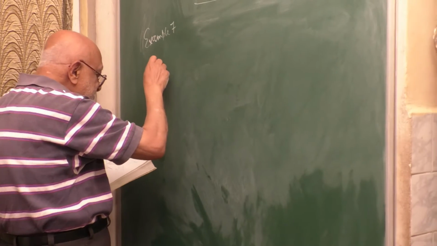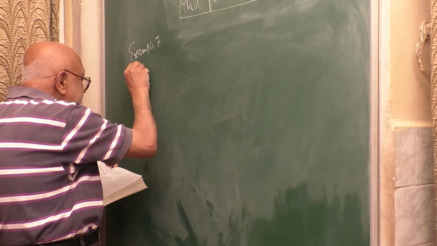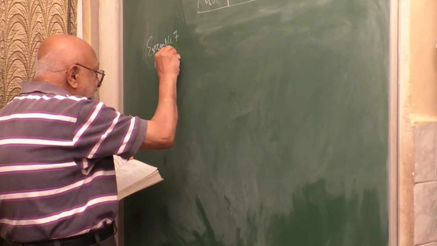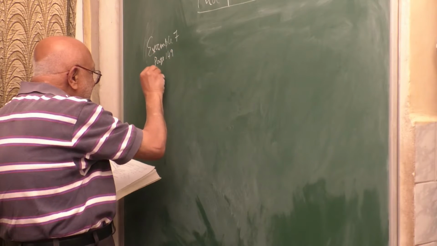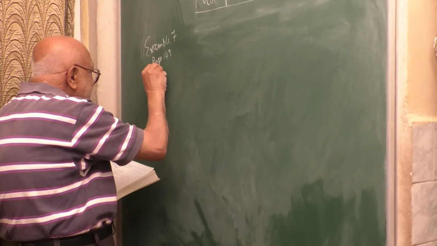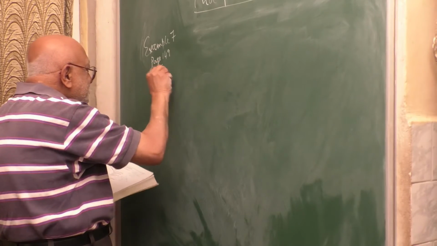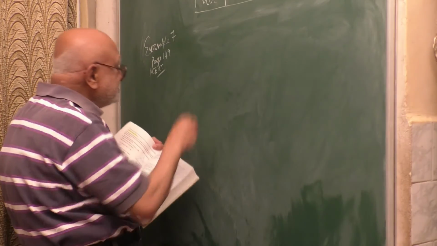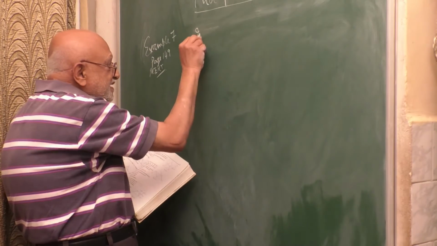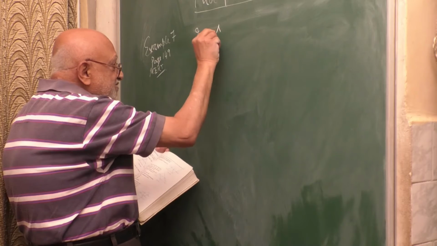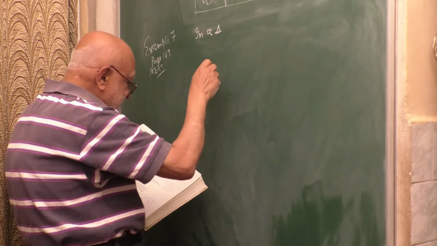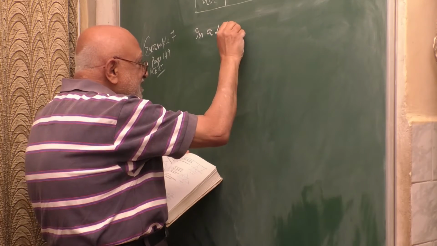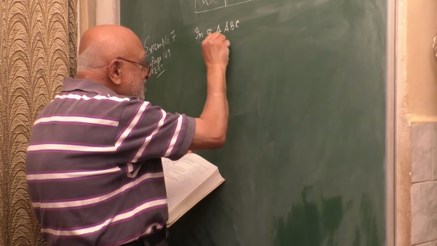This would be Example 7, page 149, NCERT book. Okay, what it says: in a triangle ABC, this is telling you it is ABC, not D, because it's a triangle.